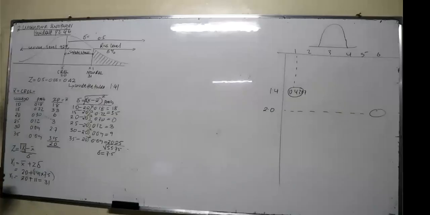So how much will be your safety stock then? Safety stock is Z times standard deviation, which is an amount of 11. Or you can take 31 minus 20. And I think we have answered the question. The question was the optimal safety stock.